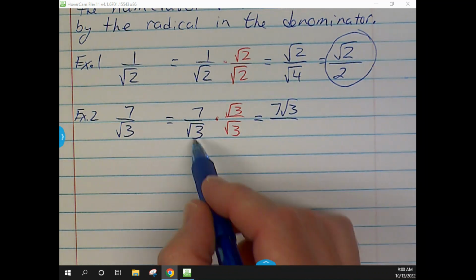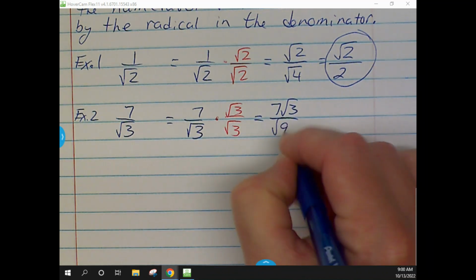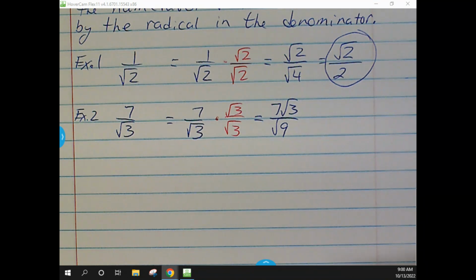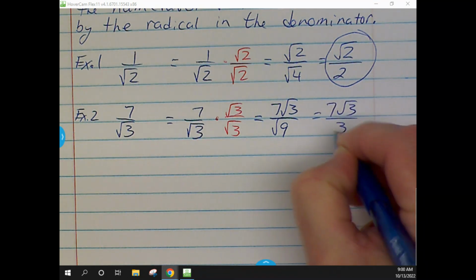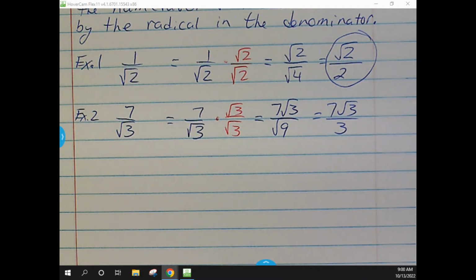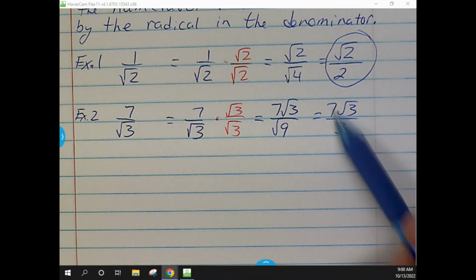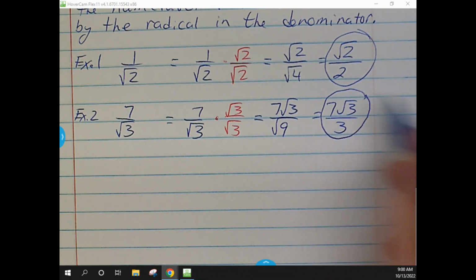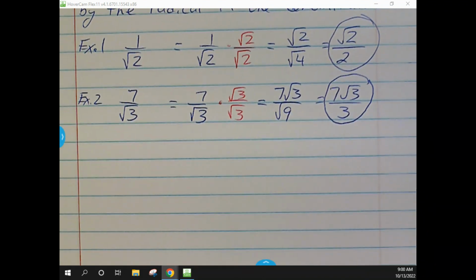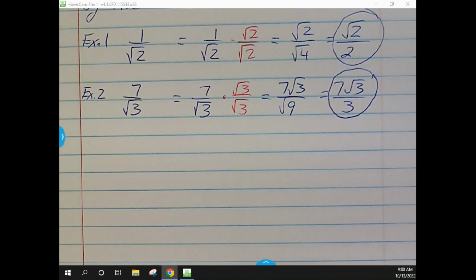On the bottom, it's 3 times 3, so the square root of 9. But the square root of 9 is 3. In that case, sometimes you can cancel from here to here, but 7 and 3 won't cancel. So it'll just stay 7 square root of 3 over 3. All right, now here's the shortcut.